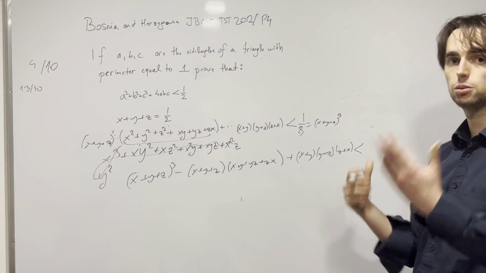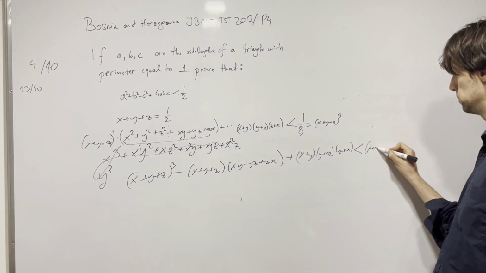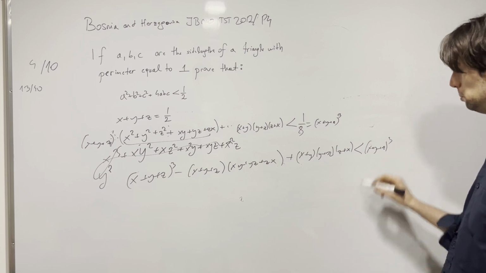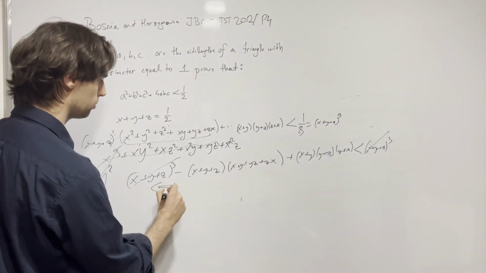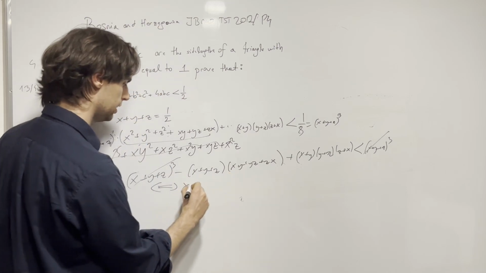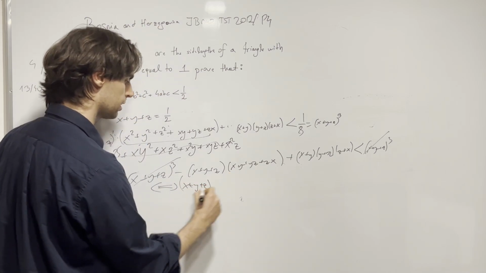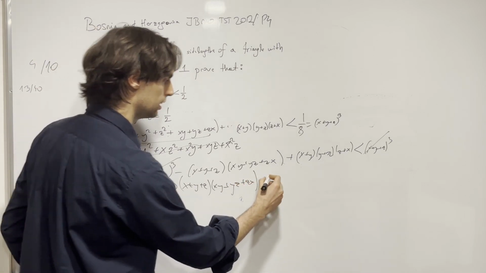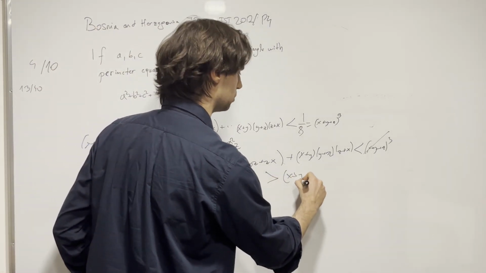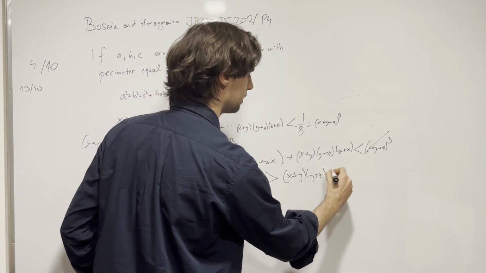This whole thing needs to be less than (x + y + z) cubed. These two cancel out, and we need that this whole thing is true if and only if (x + y + z)(xy + yz + zx) is greater than (x + y)(y + z)(z + x).